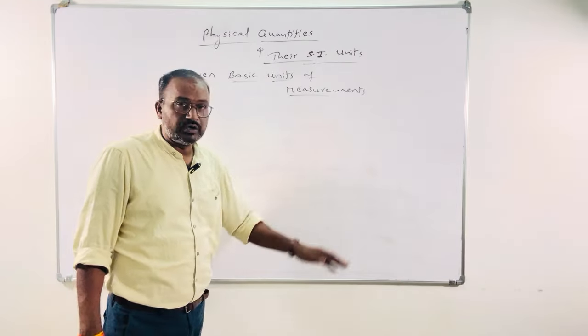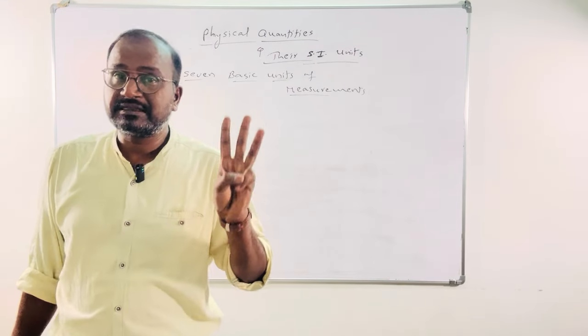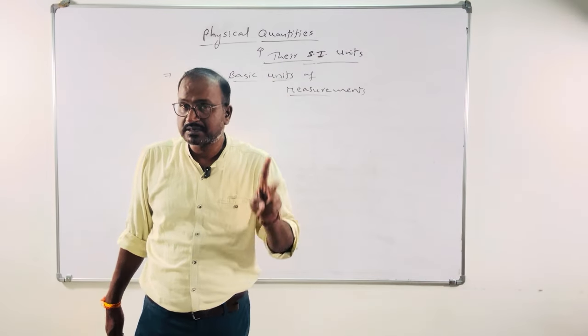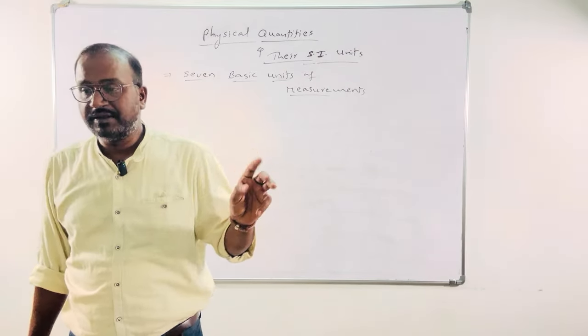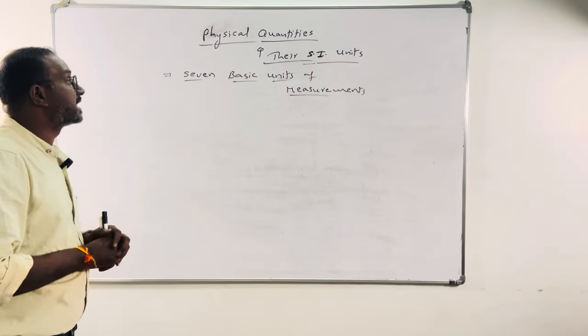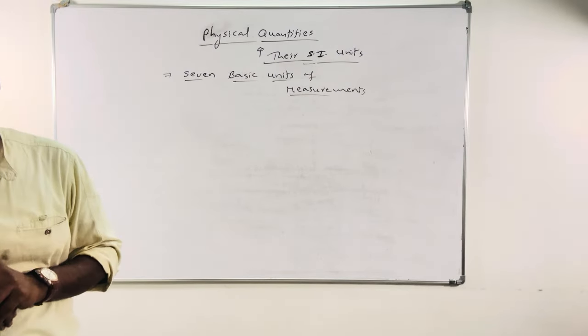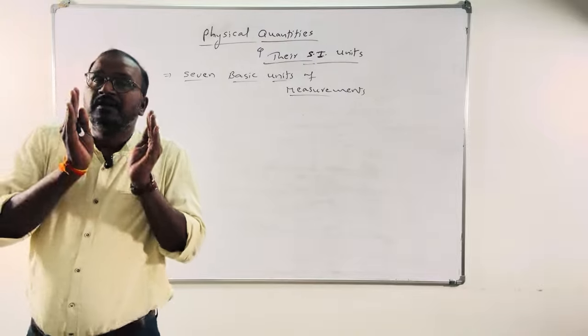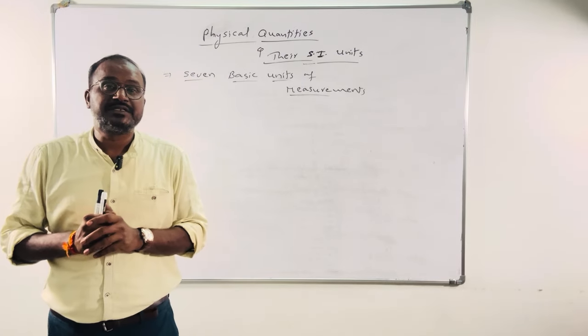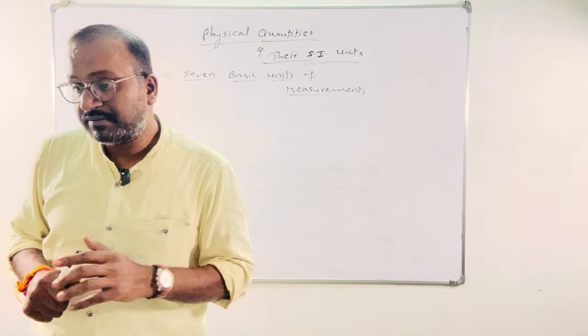In that, I explained three fundamental physical quantities: mass, length, time. Now let's come to the next thing, physical quantities. Seven basic units of measurements are used in physical quantities measurements.